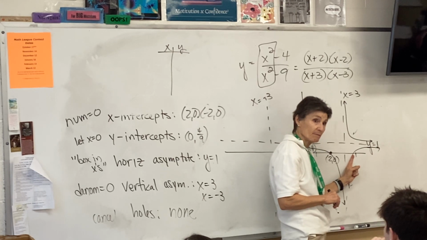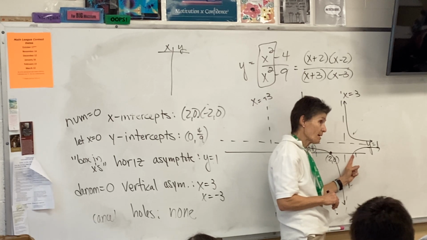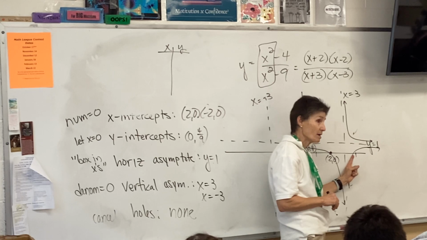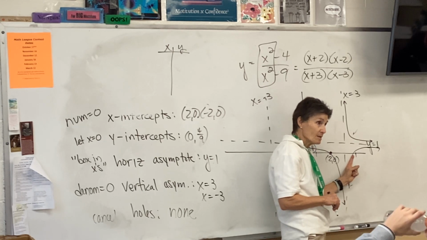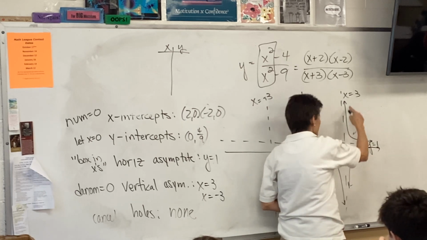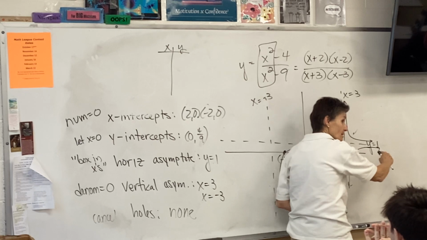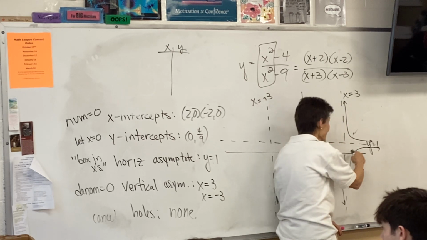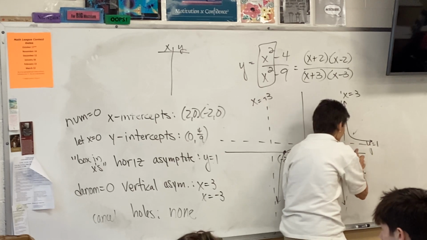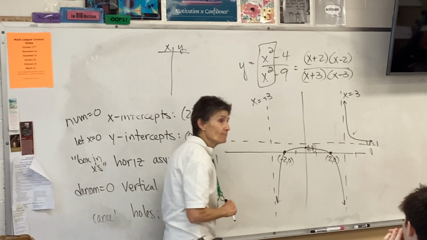Have I already plotted my x-intercepts? And as soon as I plotted my x-intercepts, that means I can't cross anywhere else. Do you see what I'm saying? So I have 2 choices. It either arcs like this, or it arcs like this. That's what they look like. That's what they have to do. It cannot be this one because it cannot cross the x-axis.